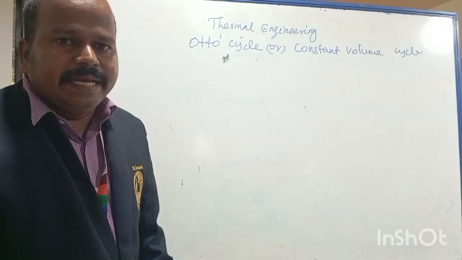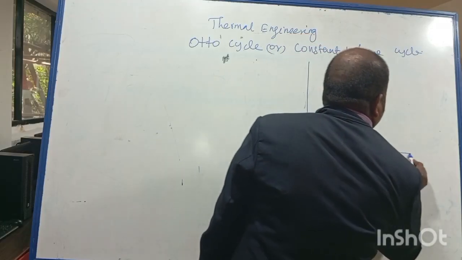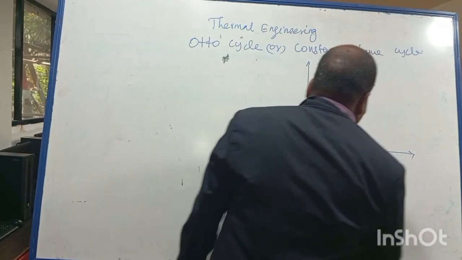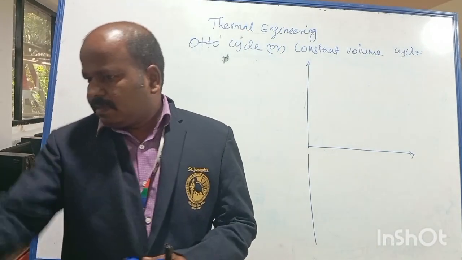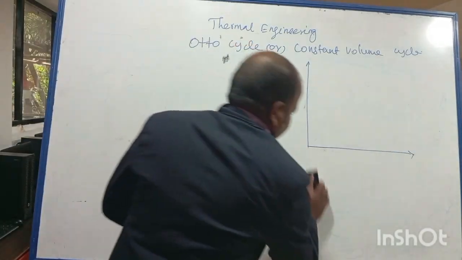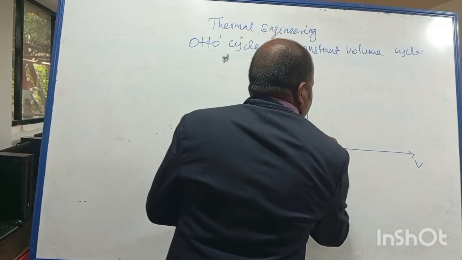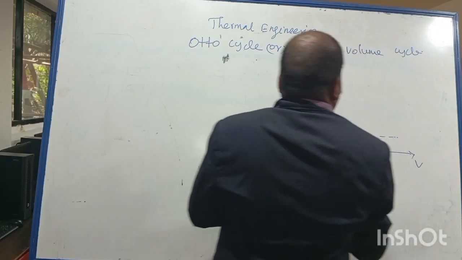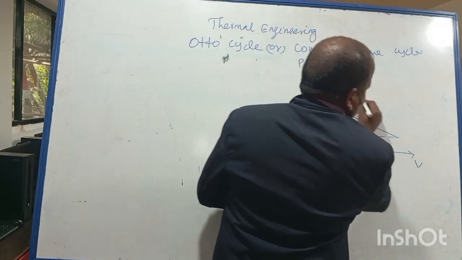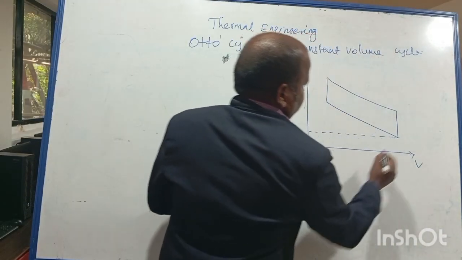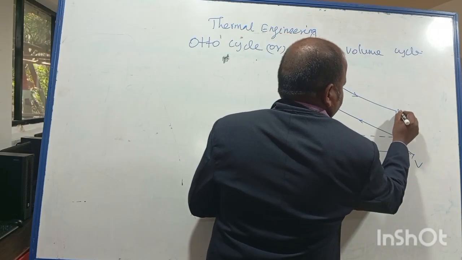First I am going to draw the PV diagram for this Otto cycle. Pressure, volume. So this is atmospheric pressure. Points 1, 2, 3, and this is 4.